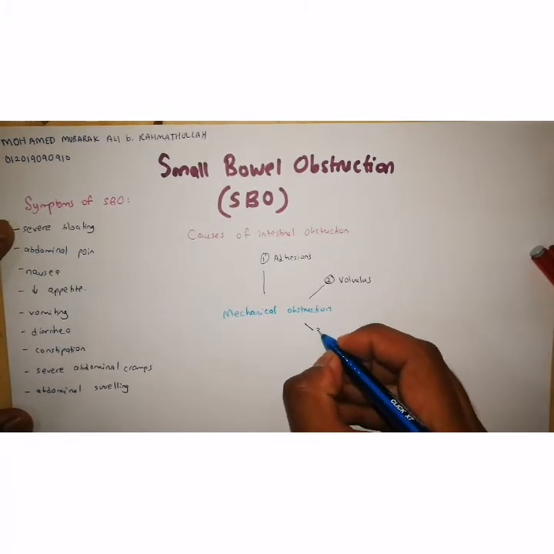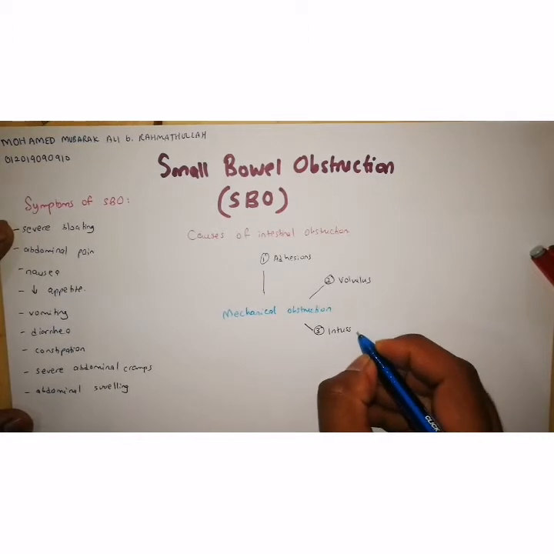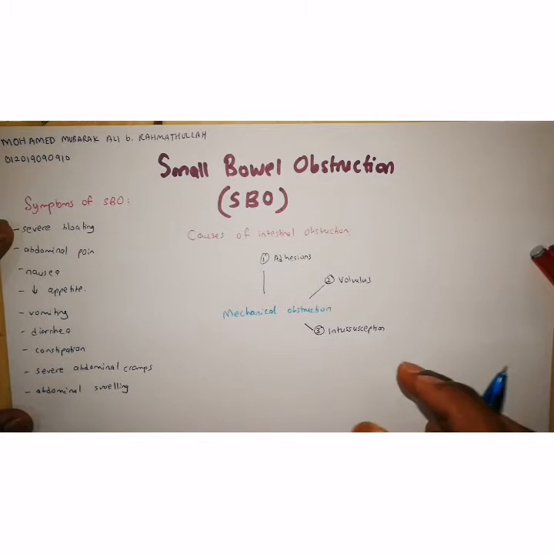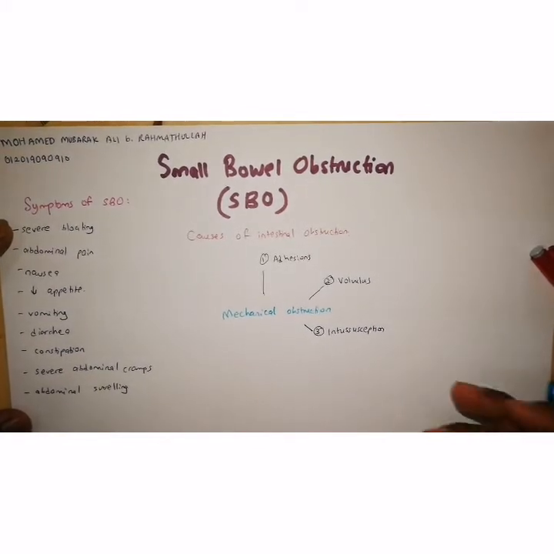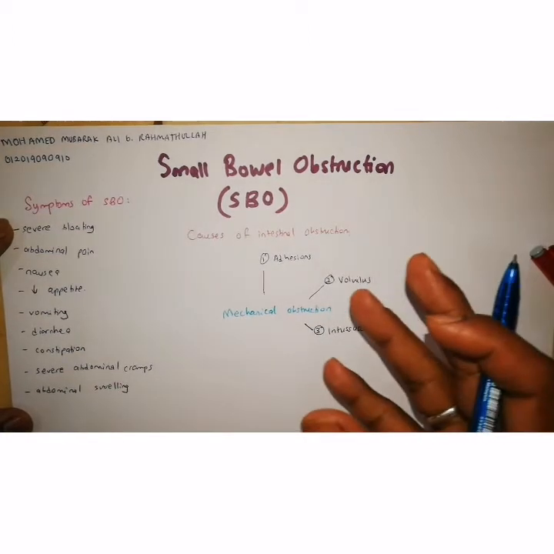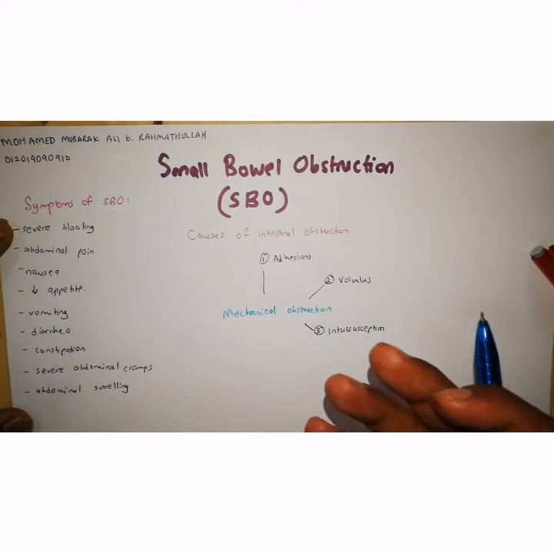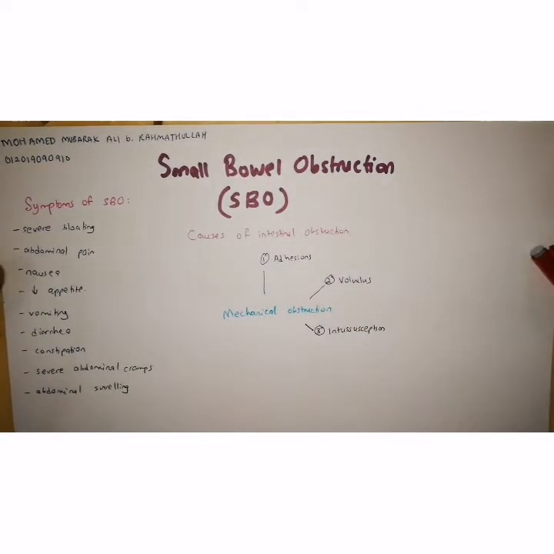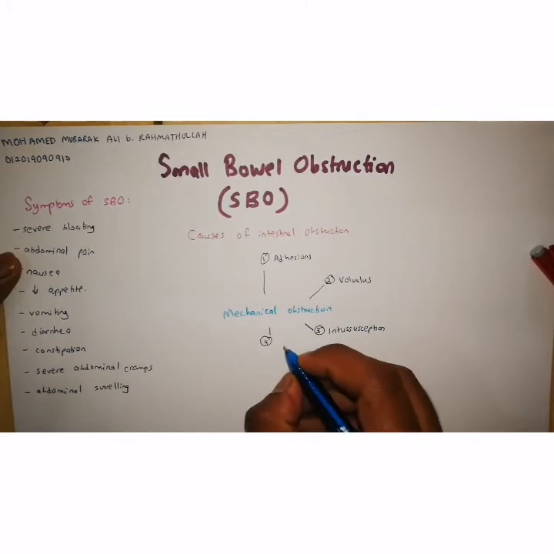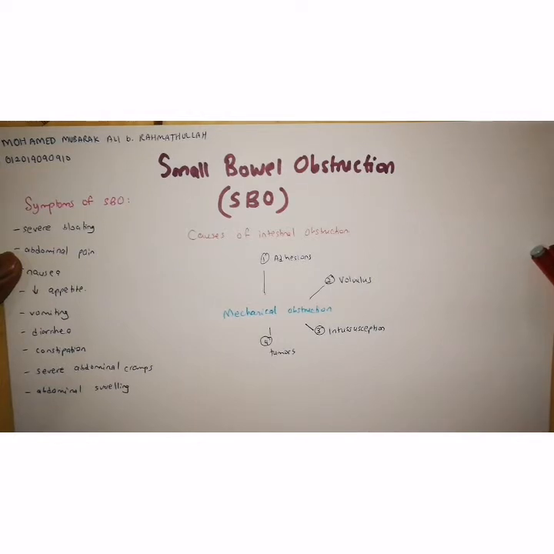Third, we have intussusception, which also means telescoping. Basically, one segment of the intestines gets pushed into the next section, like cups pushing into one another. Fourth is tumors that grow inside your small intestine.